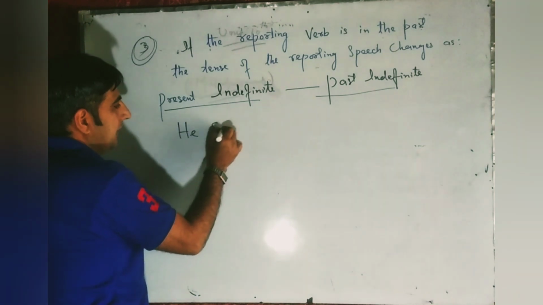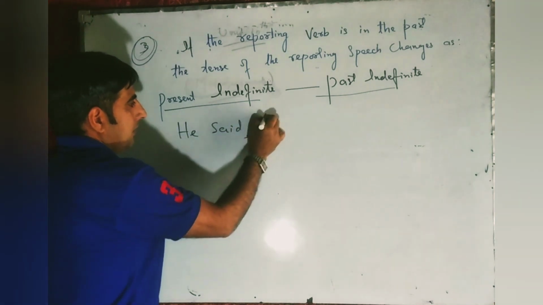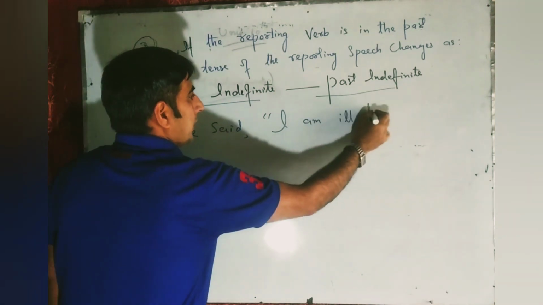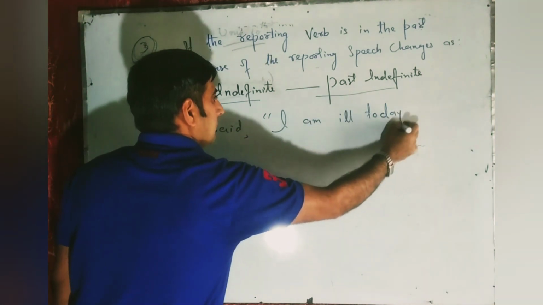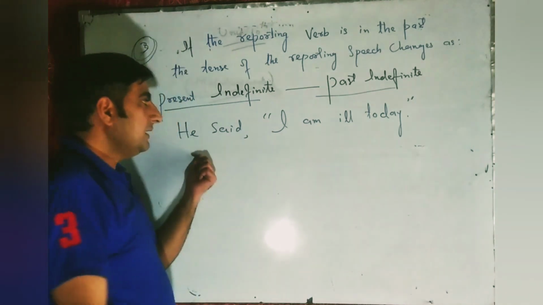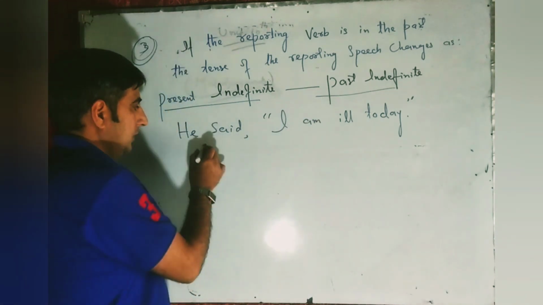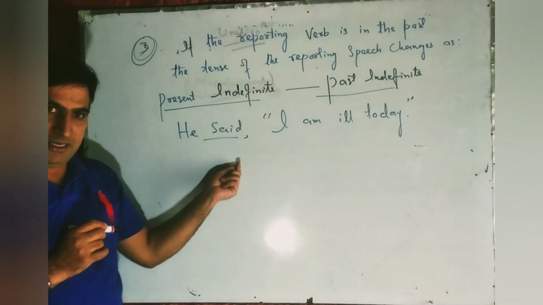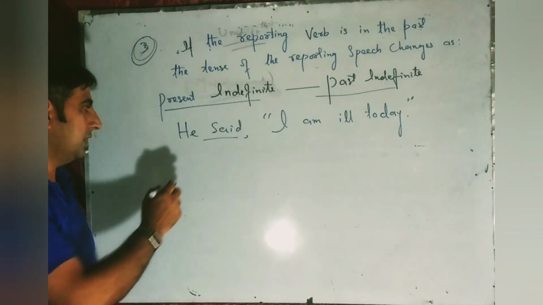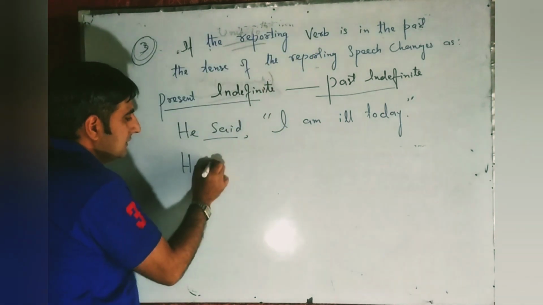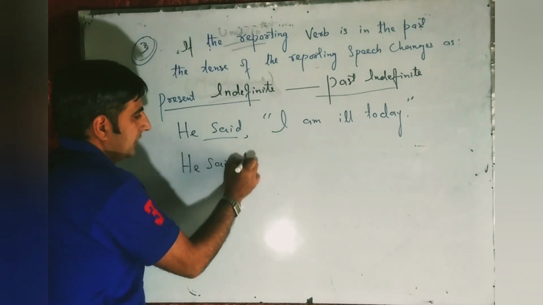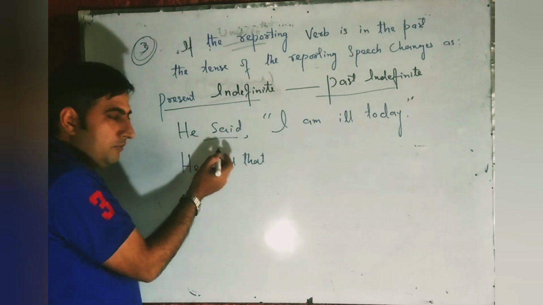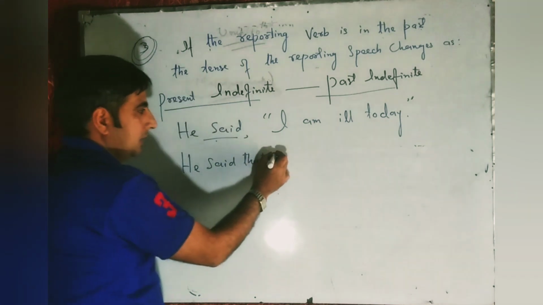He said, I am ill today. Here said is used, which means the reporting verb is in the past. Now this will change accordingly. He said that. I will change according to the subject of the reporting verb, he.